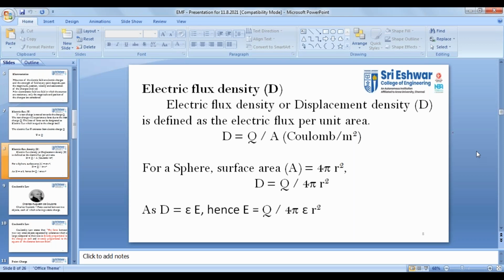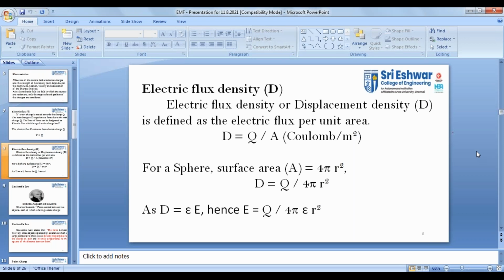The electric flux has notation psi and is equal to the charge itself, so it can be written as Q by A. The unit of charge is Coulomb, and the unit of area is square meter. So the unit of electric flux density or displacement density is Coulomb per square meter.